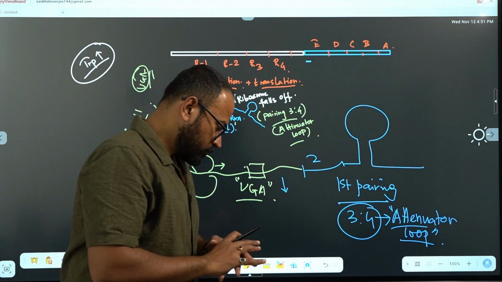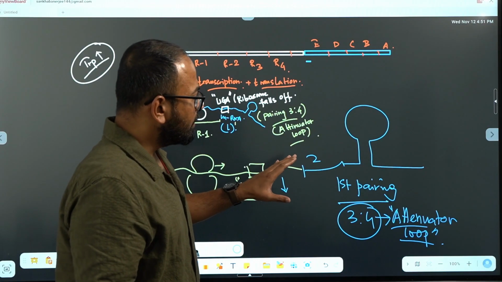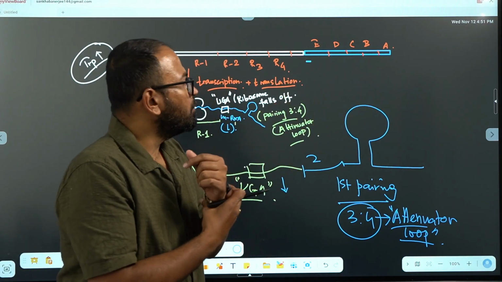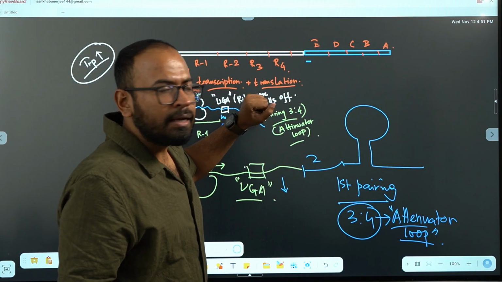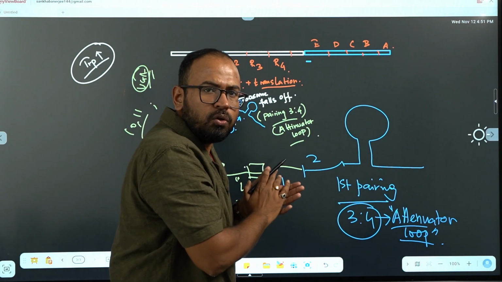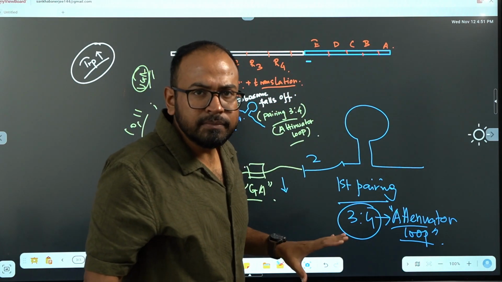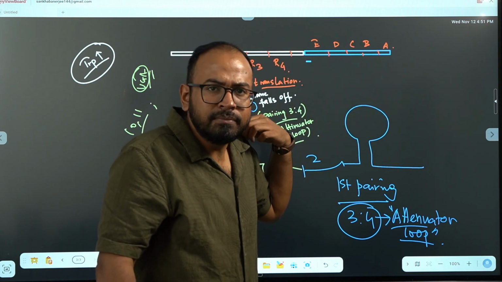Now, many aspirants can ask that this overall mechanism is well and good, but RNA pol has already passed this region. RNA pol has already transcribed this region, and so it is supposed to enter the structural genes by that time.